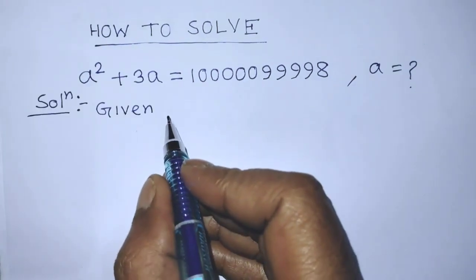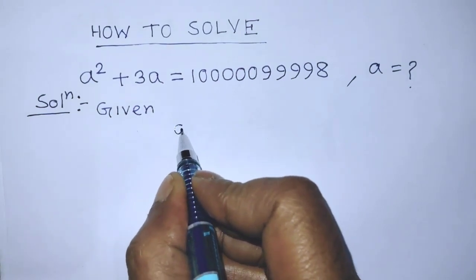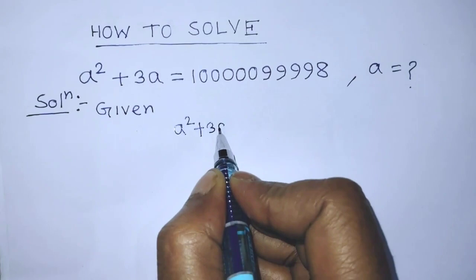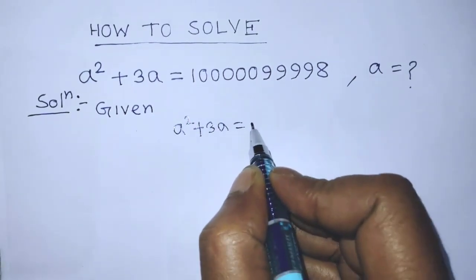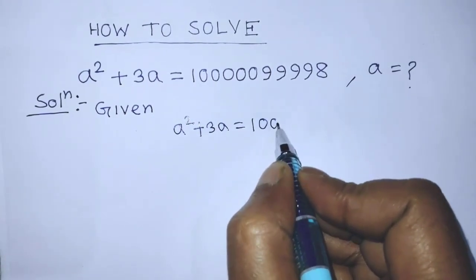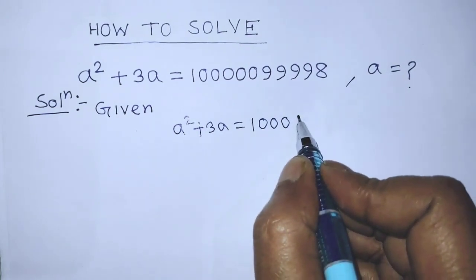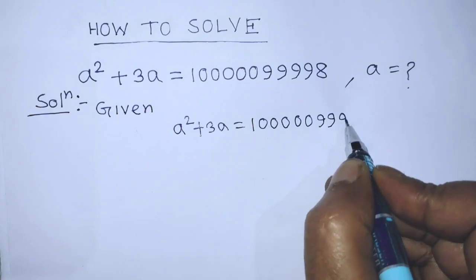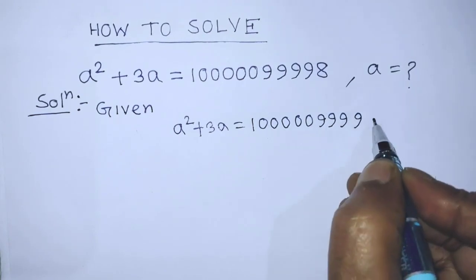Our given algebraic equation is a square plus 3a is equal to 1000 crore 99,998.